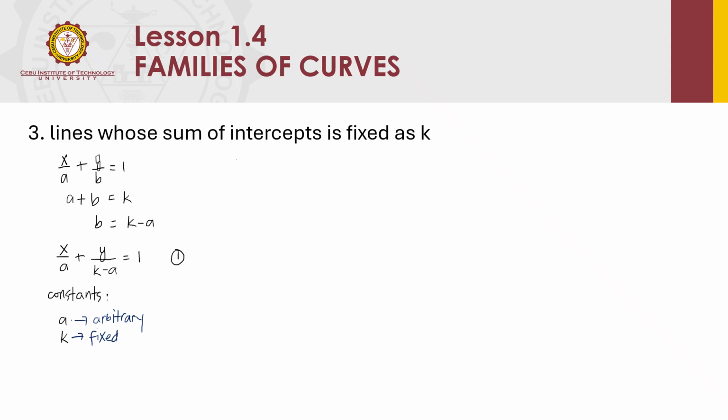So multiply equation 1 by a and k minus a to put the constants in the numerator, and there will be no denominators left in the equation, so we get x times k minus a.